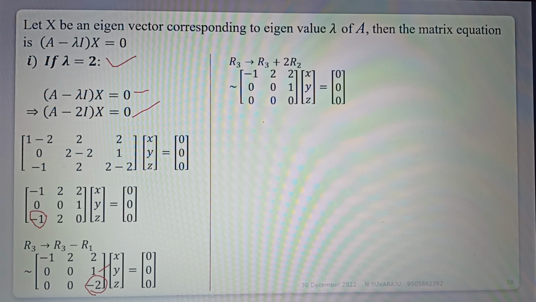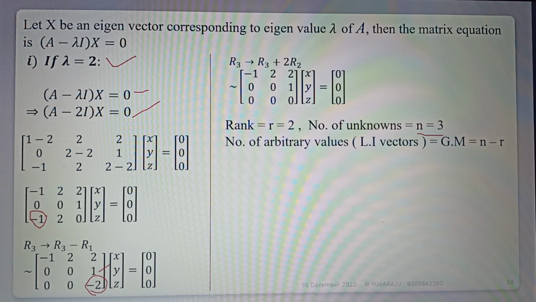Substituting, this is the row echelon form. Rank is 2, number of unknowns 3. Next, finding geometric multiplicity. So geometric multiplicity GM is n minus r. So 3 minus 2: number of unknowns 3 minus rank 2, that is 1.